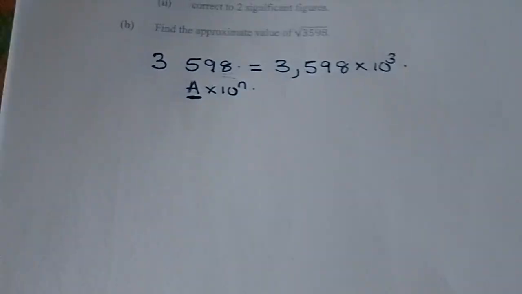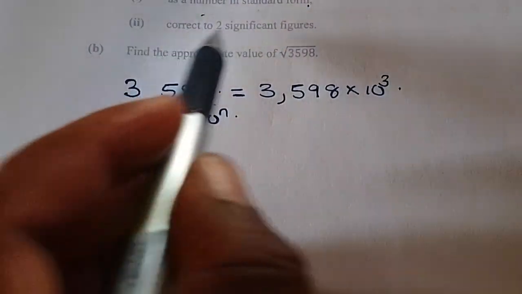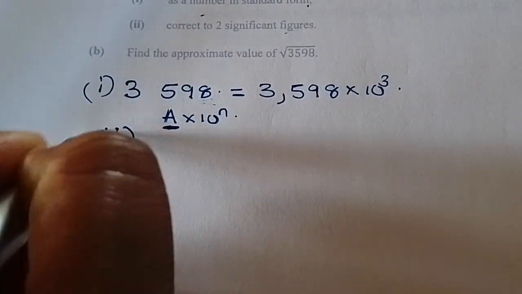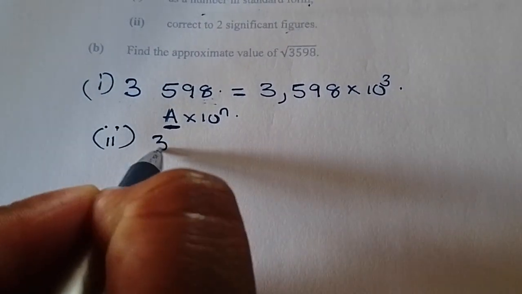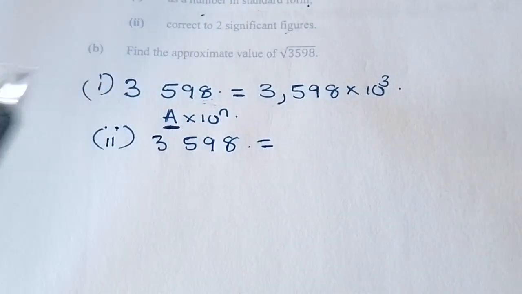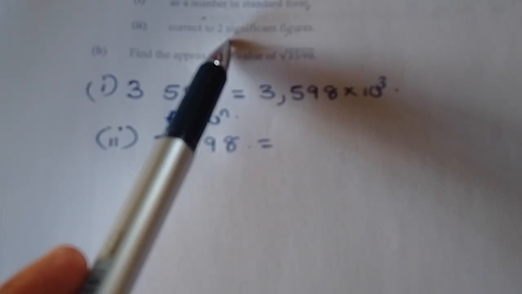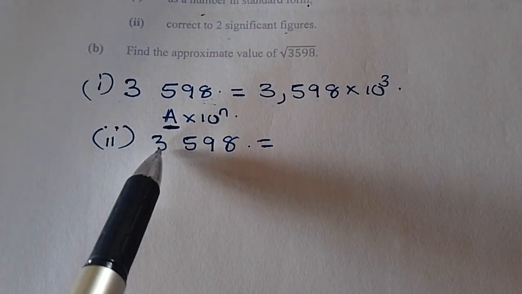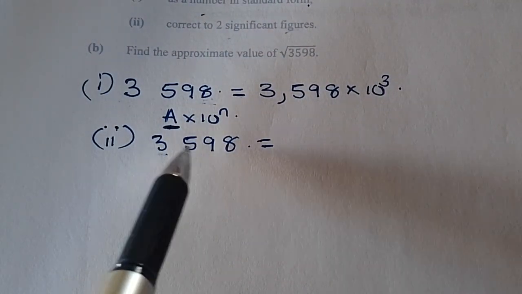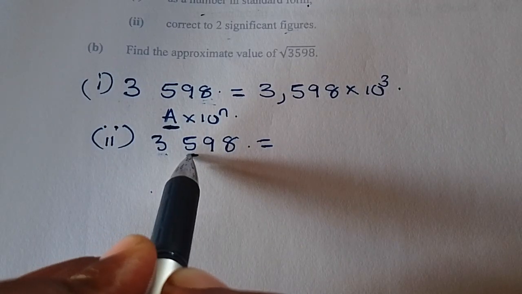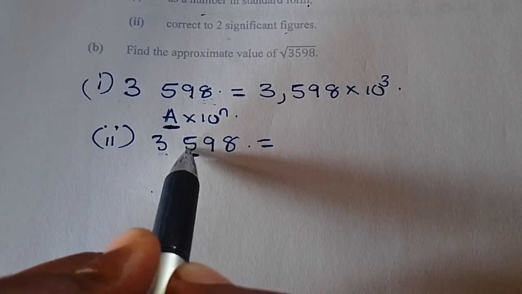Then part 2: correct to 2 significant figures. We want 3,598 to 2 significant figures, so we count the first significant figure, the second significant figure. The digit in front is 5.